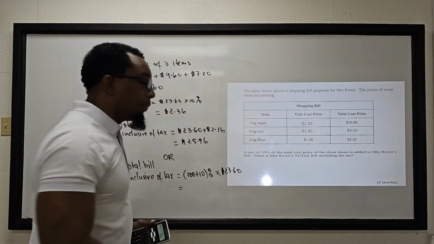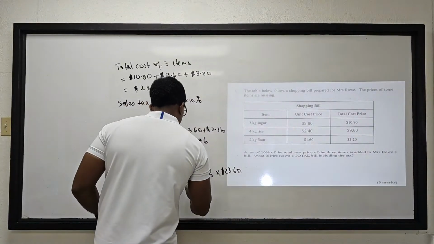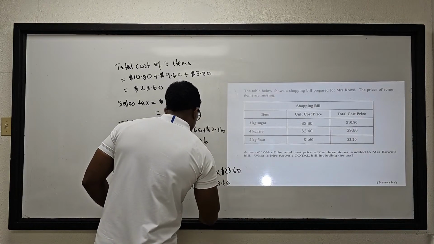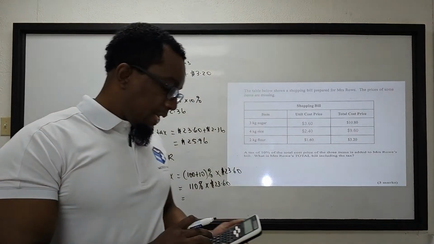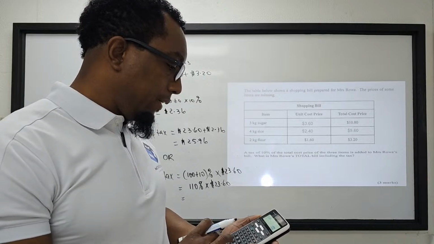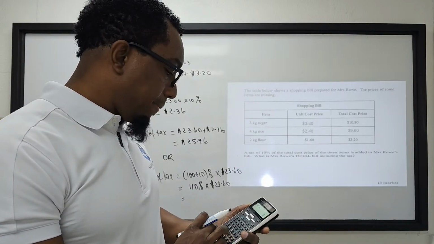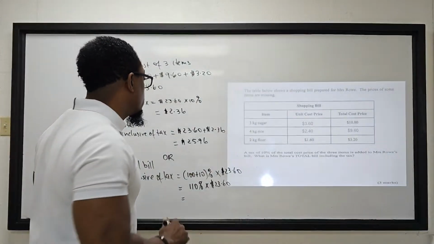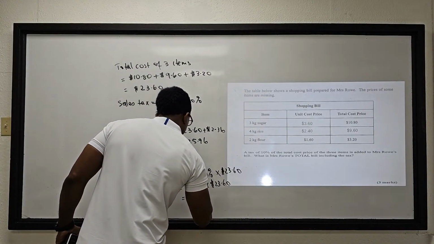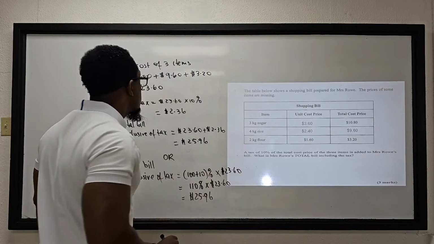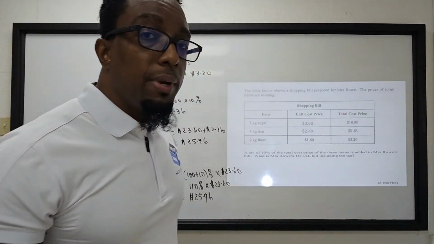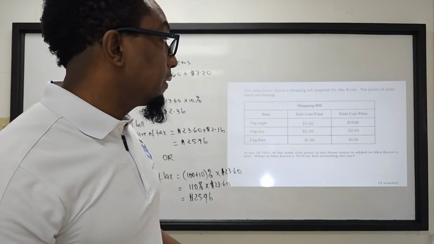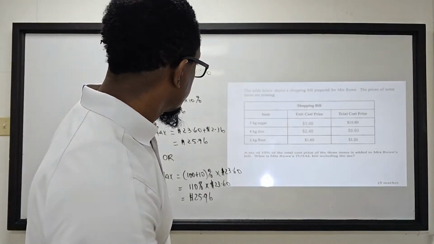So this will be 110% of $23.60. That's 110 divided by 100 multiplied by 2360. I'm going to get the same answer of $25.96. So this is how much Mrs. Rowe will have to pay for the items, which will include, of course, the sales tax.